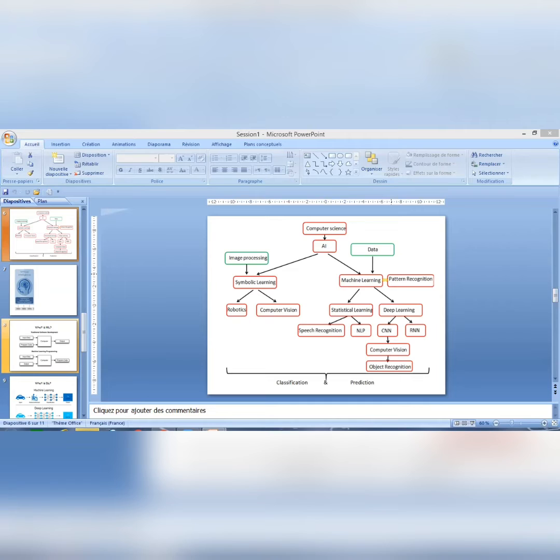Okay, so these are the two sides of artificial intelligence models, and it really contains a really big number of subfields. It contains not only machine learning or deep learning, but also robotics, symbolic learning, and all those subfields and subdomains.